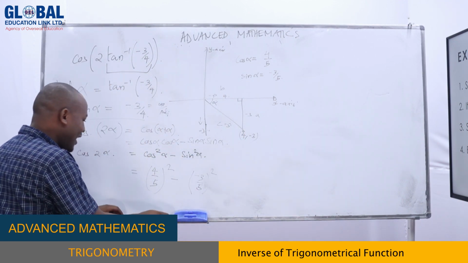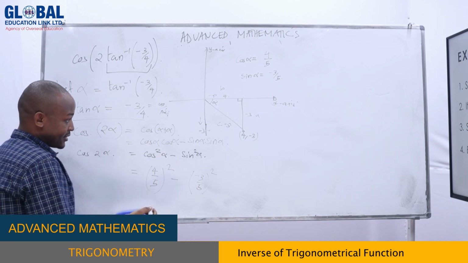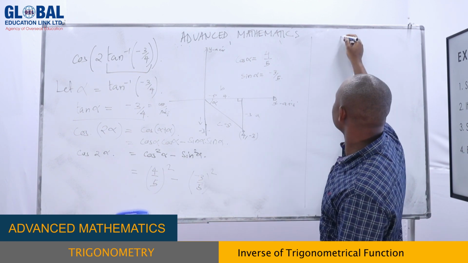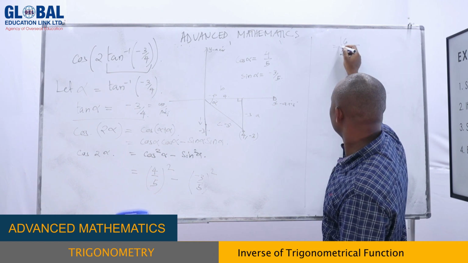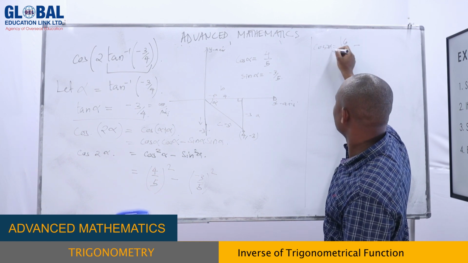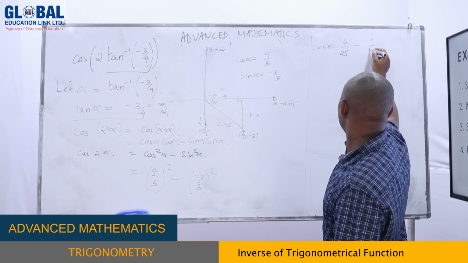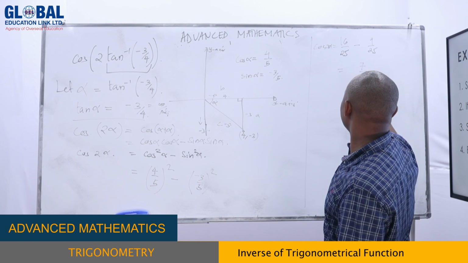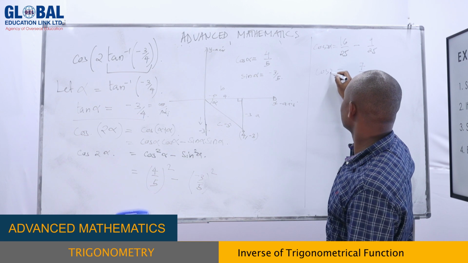So how can we do that? It's very easy. We have 16 over 25 minus 9 over 25, and doing that mathematics gives 7 over 25. That is cos 2 alpha.